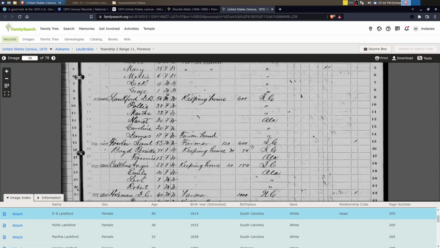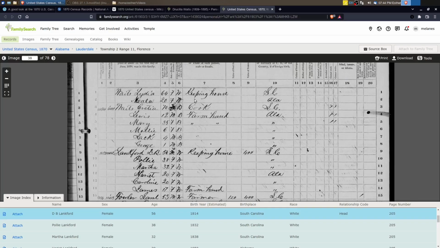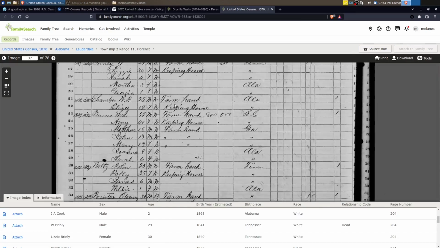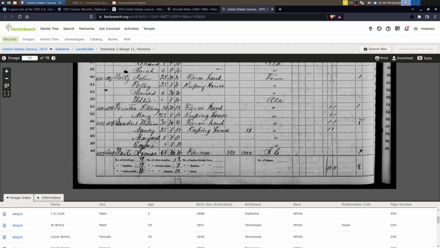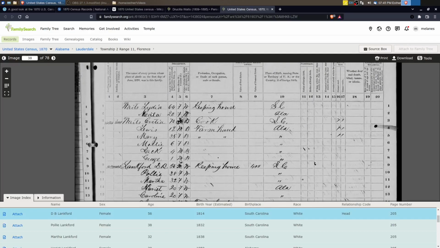Also, if you look a little bit closer, I always recommend looking at the people around your family. Let me go to the previous page. Drucilla's brother, James, is right next to her. They're living next to each other. James is on a farm valued at $1,000, and he's with his wife and a daughter.